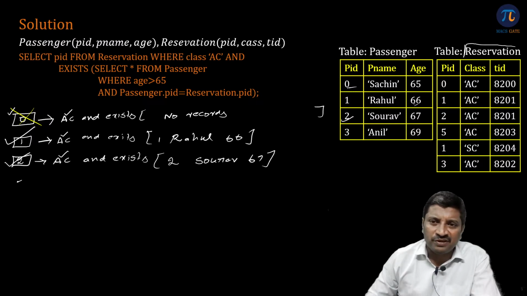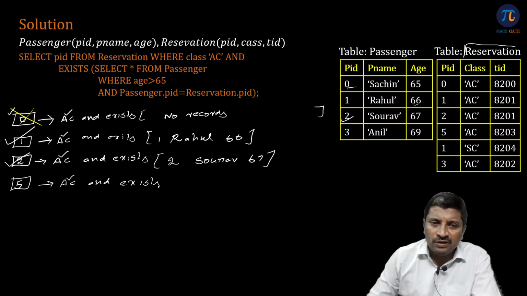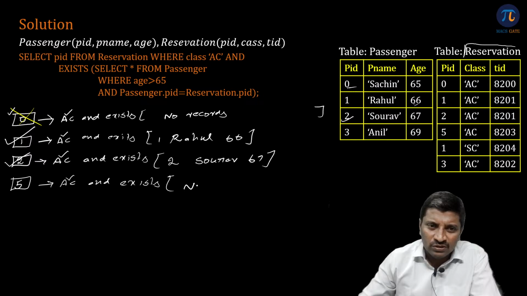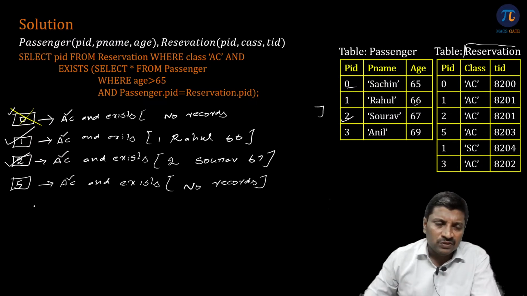Then the next one is 5. The first one, is it AC? Yes. The second one, exist. Age must be greater than 65 and passenger ID equal to 5. Do you have any passenger ID 5, sir? No. So no records. So this will not be displayed.